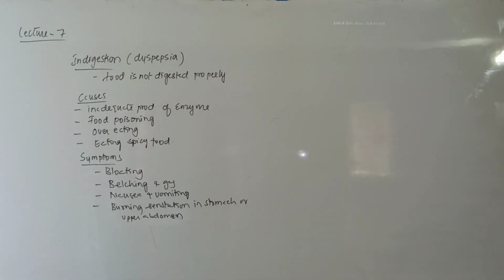Almost what we have seen, the disorders of the digestive system, the jaundice, vomiting, diarrhea, constipation and indigestion, they all can be treated. With this we complete this chapter, digestion and absorption, and from the next session we shall see the objective questions from this chapter.